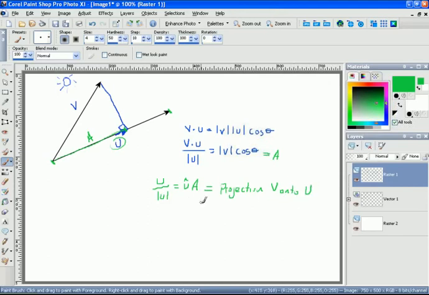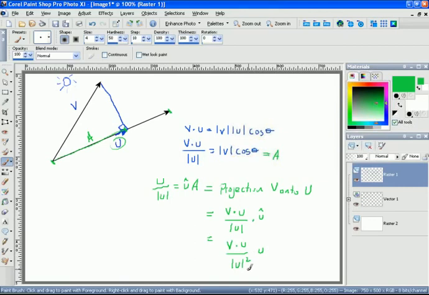And we can actually simplify the formula a little bit. So the projection is equal to v dot u divided by the magnitude of u, times u hat. u hat is equal to u divided by the magnitude of u, so that will give us v dot u divided by the magnitude of u squared, times the vector u.